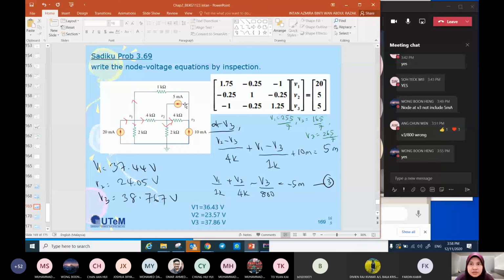Minus V3 over 1K equal to 4 or 5 over 4. Okay. So this one should be right. Minus, okay. Super mesh will not be in our final, yes, of course, because not in our syllabus, okay?